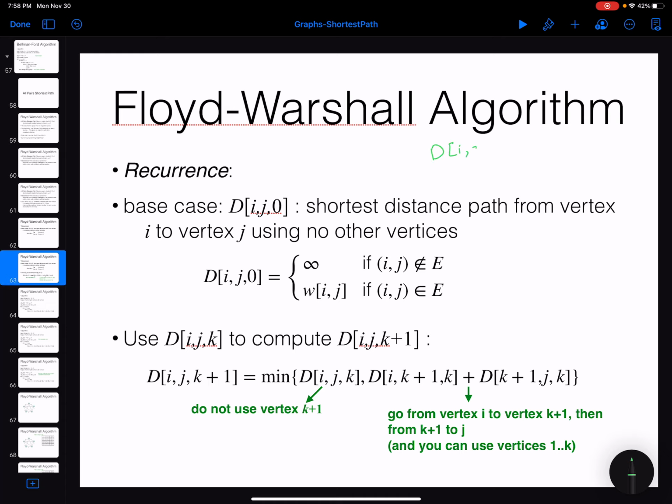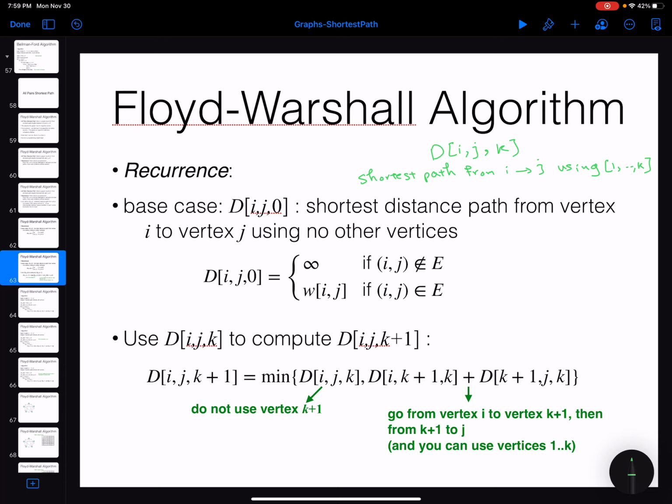D of I, J, and K basically tells you the shortest path length, the shortest path distance from I to J using the nodes from 1 to K, not other nodes. And again, just assume that you give a label to all the nodes.